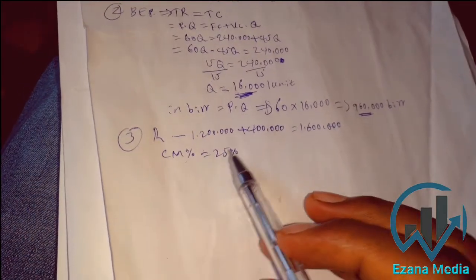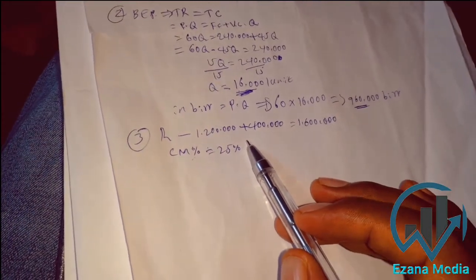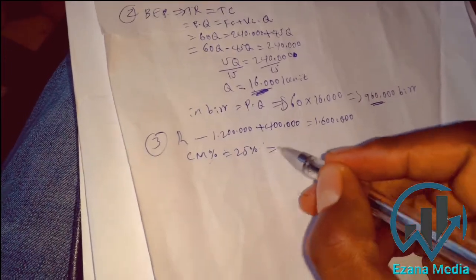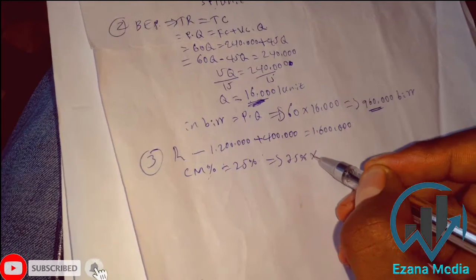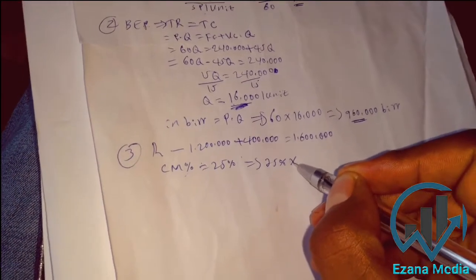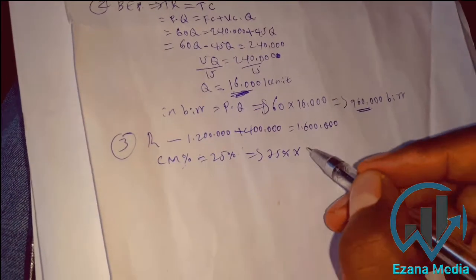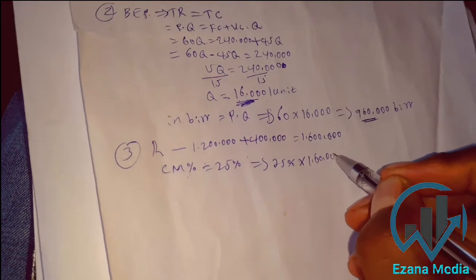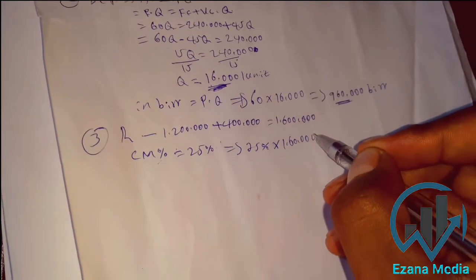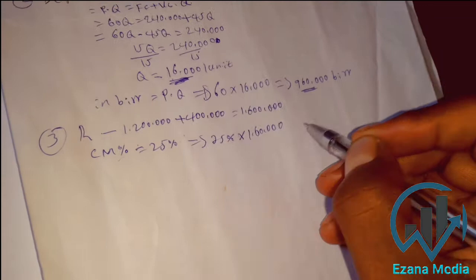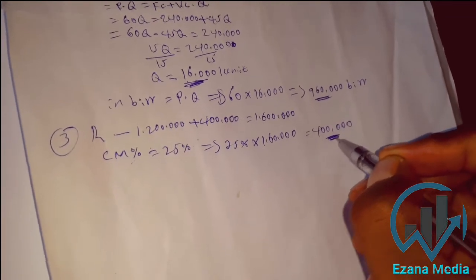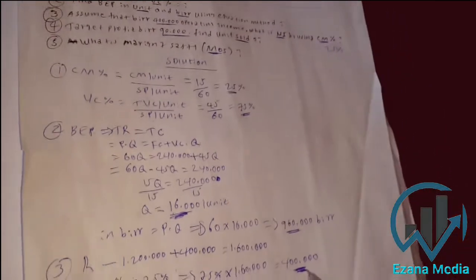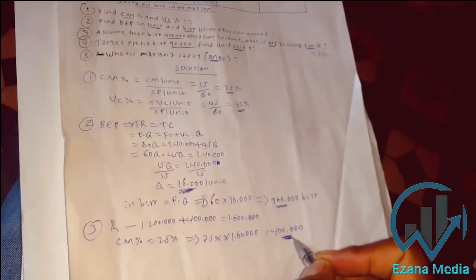So the contribution margin of 25% times 1,600,000 is equal to 400,000. That is the operating income.